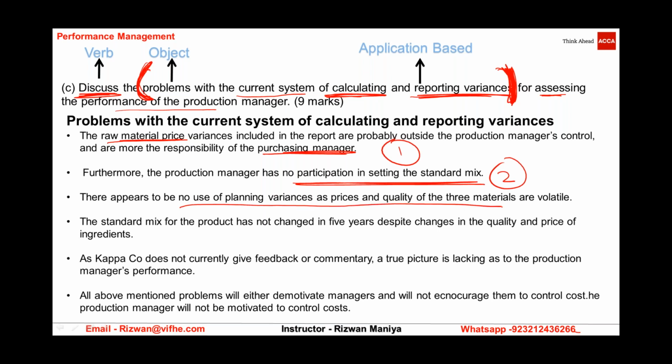Because if things are not in his control due to price changes, why should he be responsible for that? Number 4, the standard mix hasn't been changed, outdated standard. Number 5, no feedback, no commentary to understand the true picture. 5 points from the scenario. Are you getting my point?